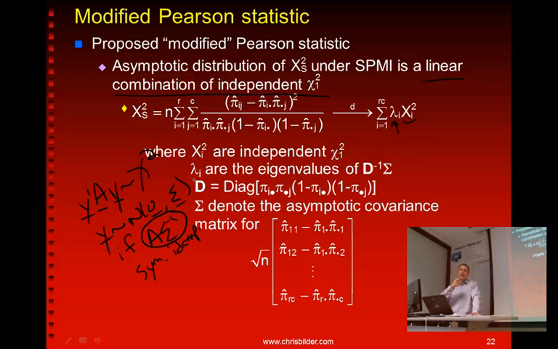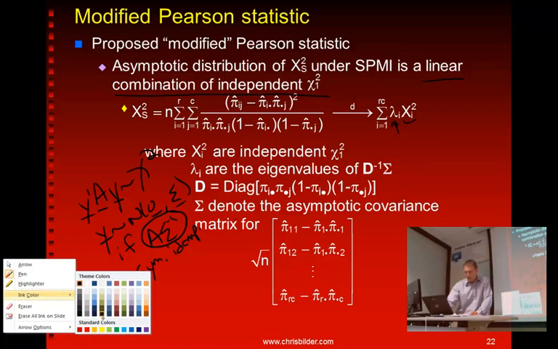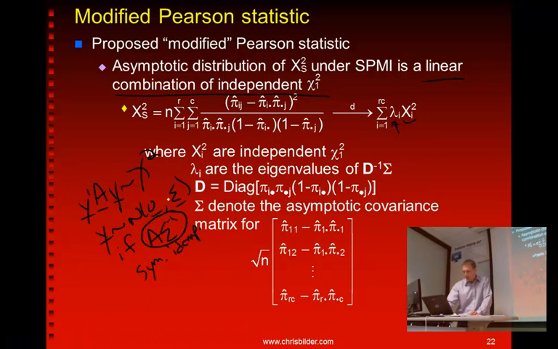There can be some zeros if sigma is not full rank. So ones. Let me get out a different color here because it's hard to see.